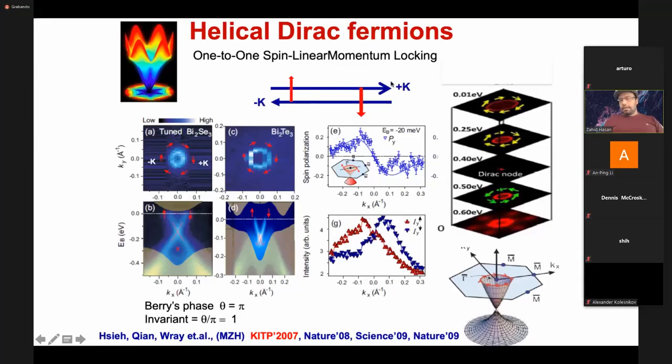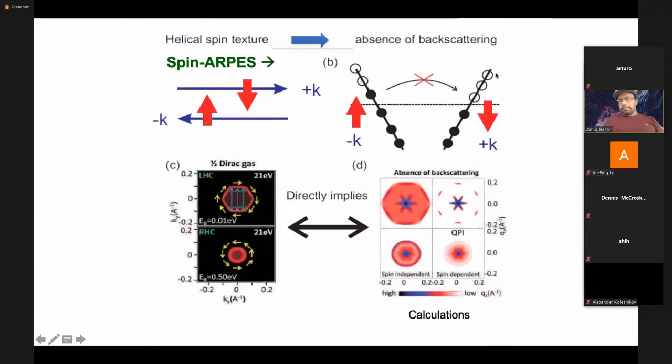What does that mean physically? It also means the electron moving to the right is down, moving to the left is up. So there is spin-momentum locking no matter which direction you cut. And this is true for all surfaces. And there is at least one pair like that. So what does that tell you? This type of diagram tells you that in the absence of a magnetic field or anything that breaks time reversal, if the electron is trying to take a U-turn, then there is no state available, because this is a spin up state, but there is no spin up state available here to scatter to.